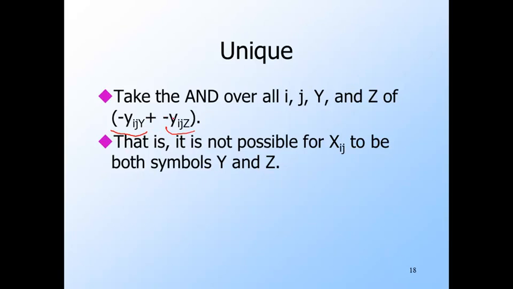Put another way, if x_ij were to have two different symbols, say Y and Z, then one of these little expressions would be false. But unique is the AND of all these expressions, and the entire expression is the AND of unique and the other expressions. Thus, the entire expression cannot be satisfied by any truth assignment that makes any pair of variables y_ijY and y_ijZ both be true.